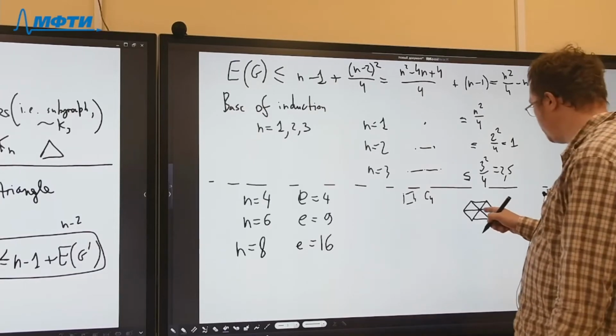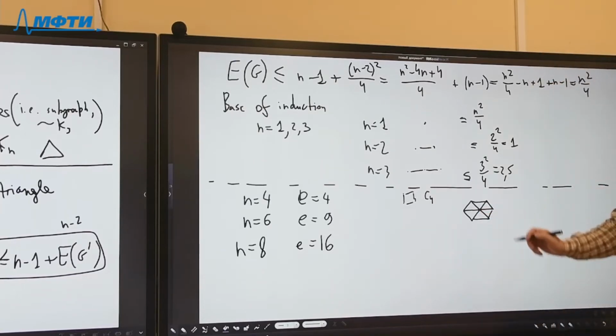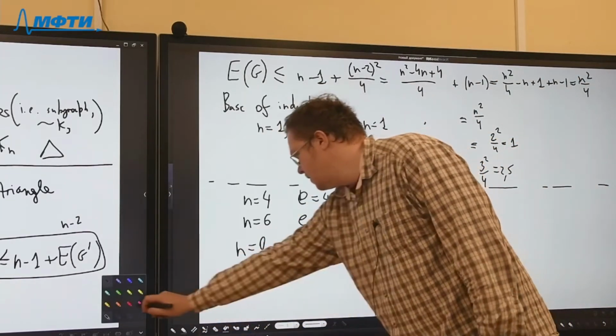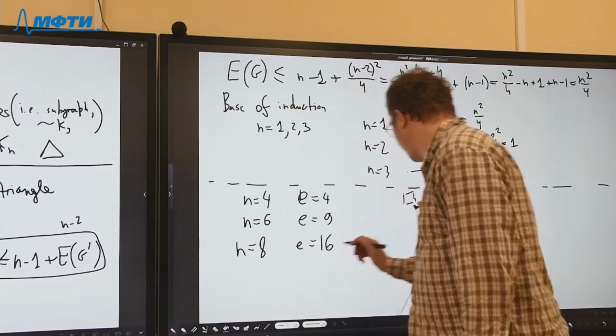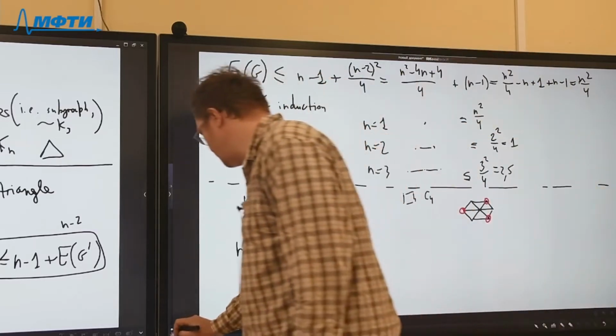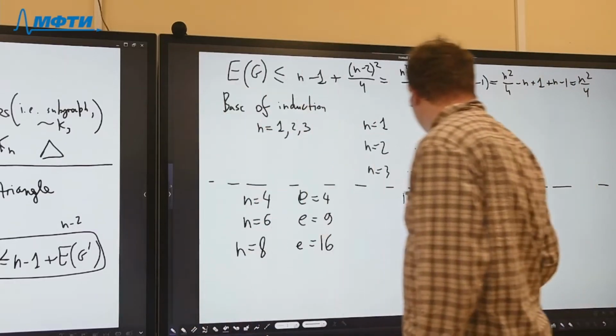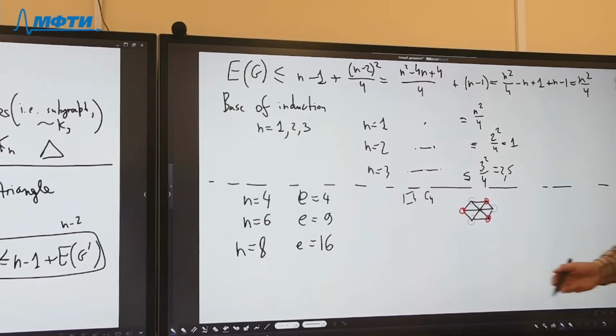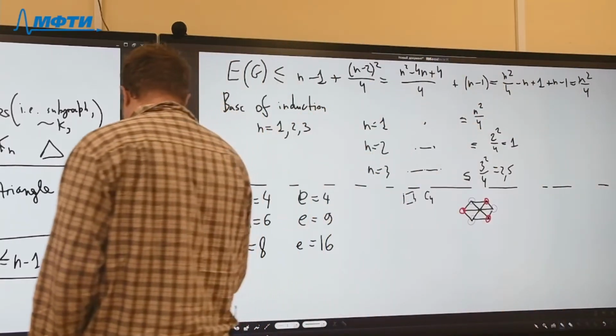But before you continue, we can see that if you take this graph on 6 vertices, it has a simple structure. You have 3 even vertices and 3 odd vertices, and you see that all even vertices, the red vertices, connect to the blue vertices and vice versa.